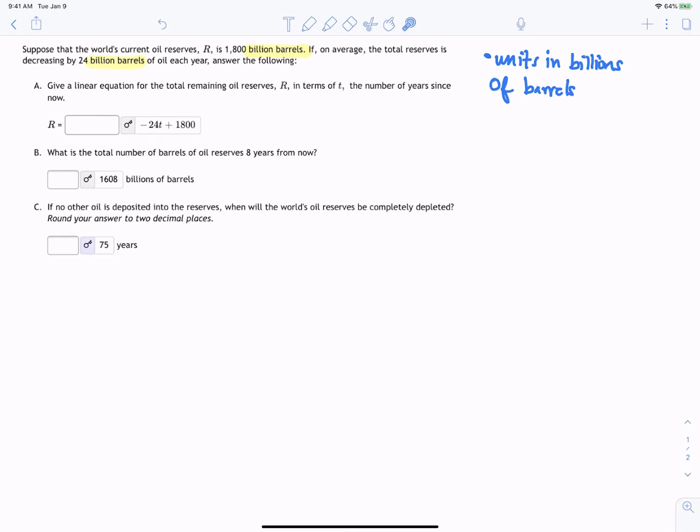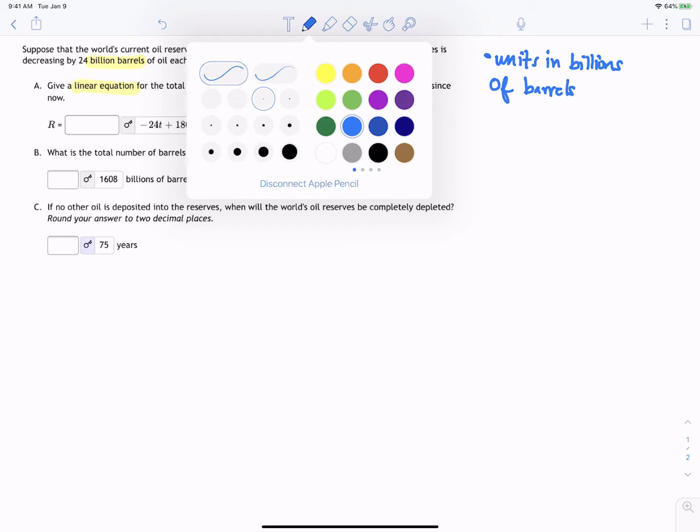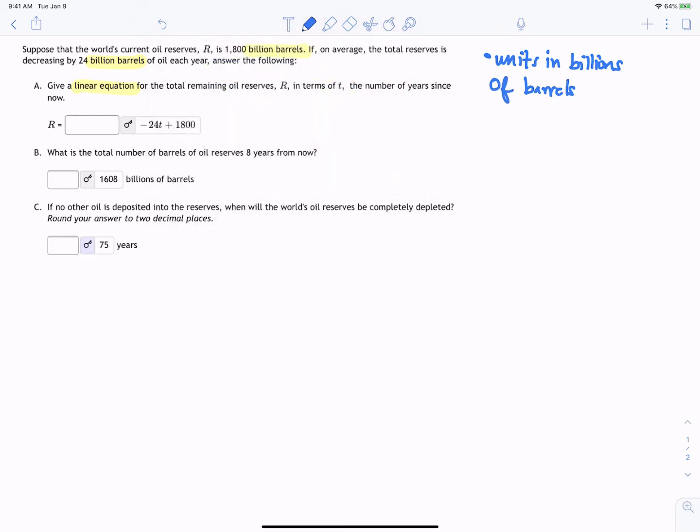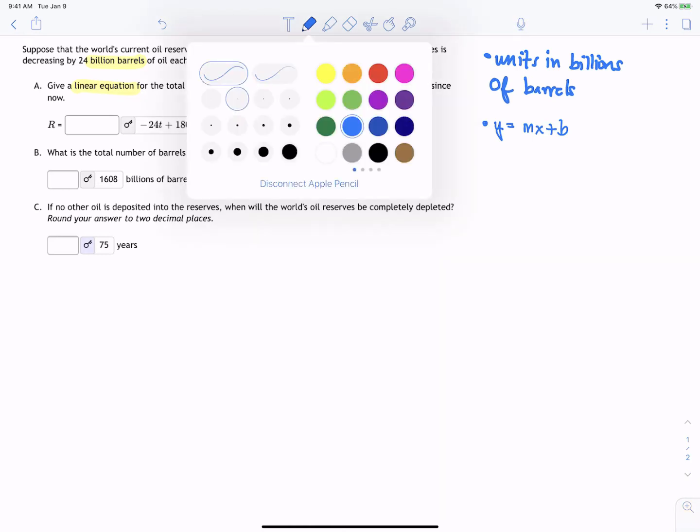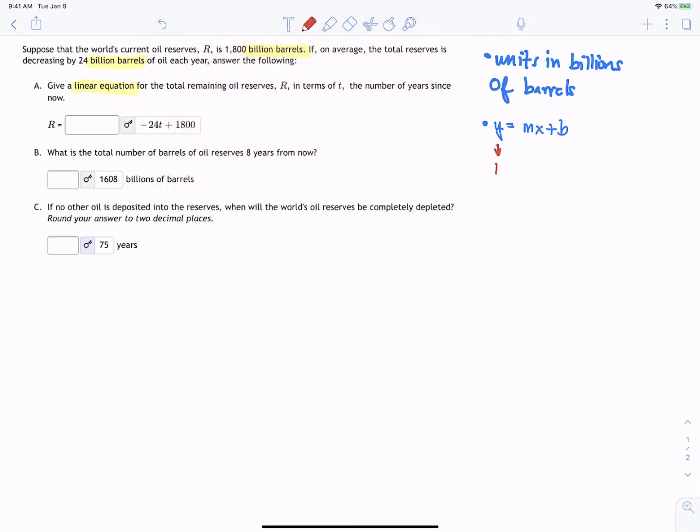So the other part that we have to highlight is the fact that we have to give a linear equation. So we do know that the linear equation in general is y equals mx plus b. And so we always need a y, and in our case it is R. The function notation would be t for the input variable, and we'll have mt plus b.